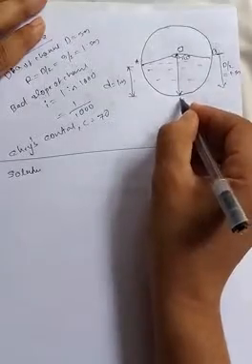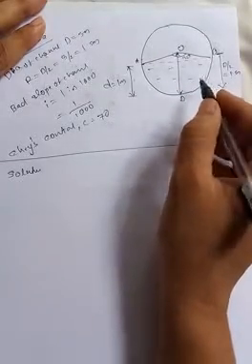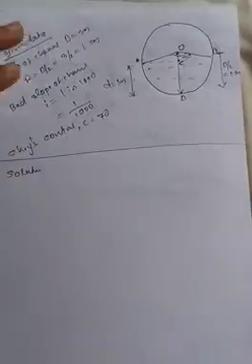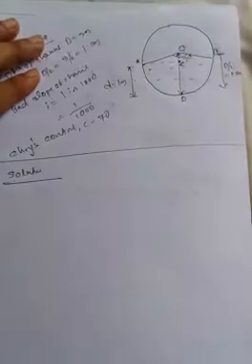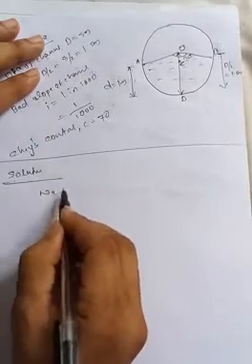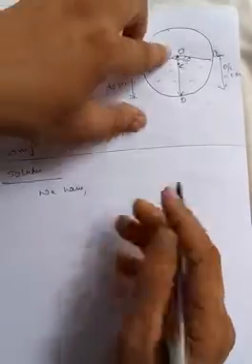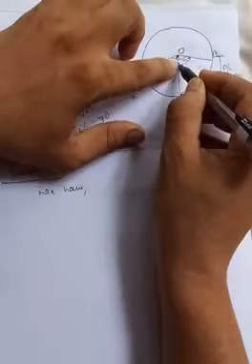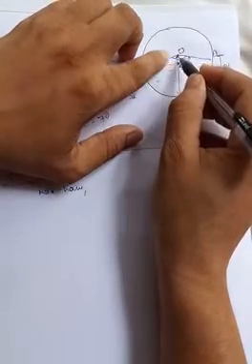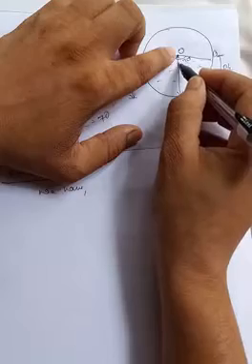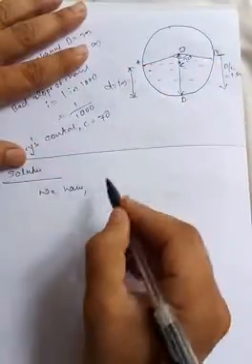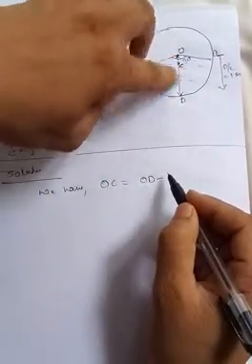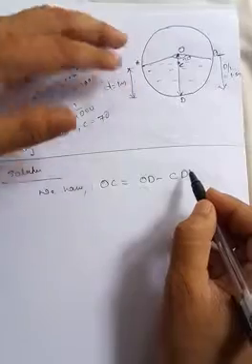See, the bottom of the circle, this channel, you can take it as D, and here you can take this point as C. Solution. We have to find out this distance OC from the water surface to the center of the circular channel. So OC is equal to OD minus CD.